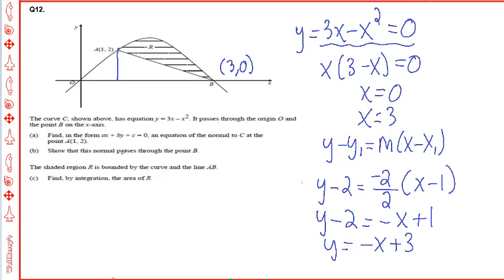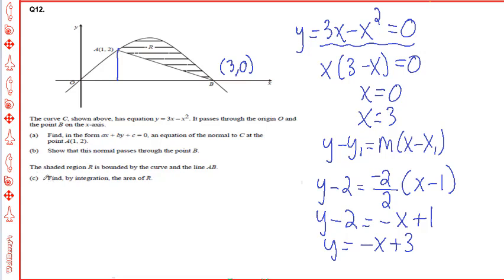Now, show that this normal passes through the point B. To show that it passes through the point B, we can substitute 0 into that x there, and we'll show that y is equal to 3. So it shows that it passes through.